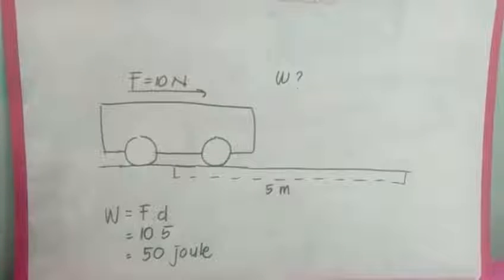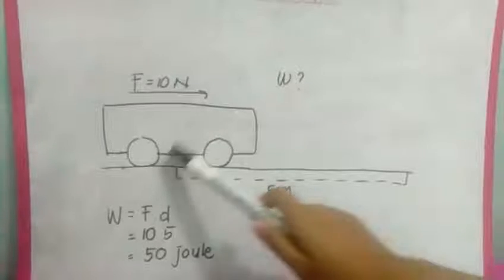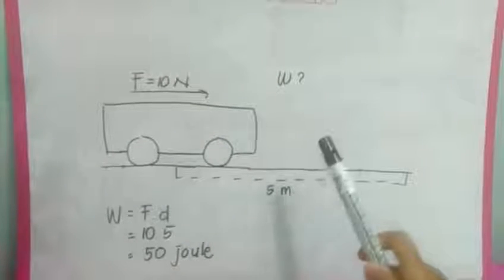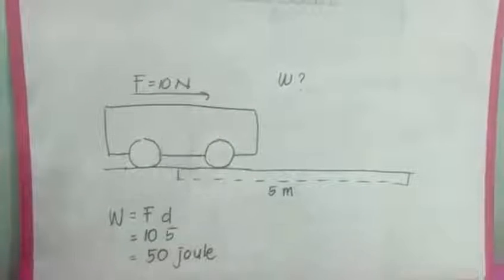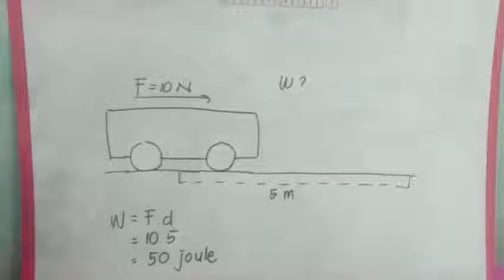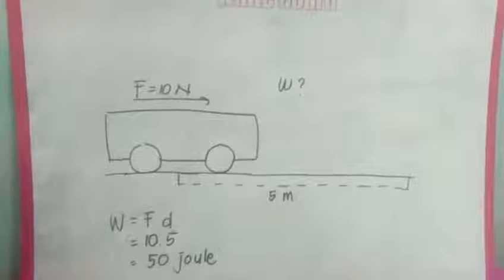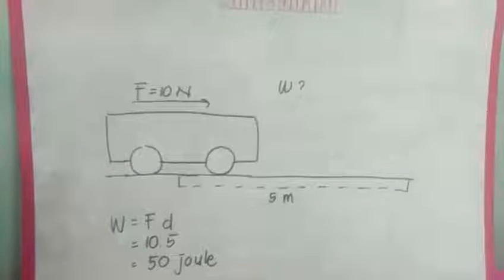And so let's solve a simple question. We have a car. That car is moving from left to right and we are applying a constant force of 10 newtons. So how would you figure out the work on that car? It is really simple.